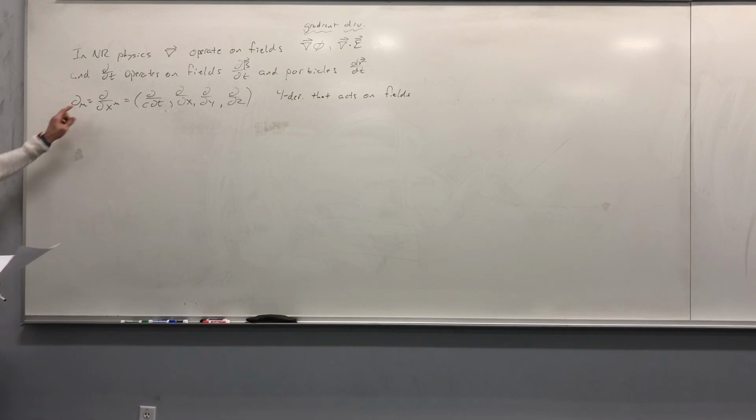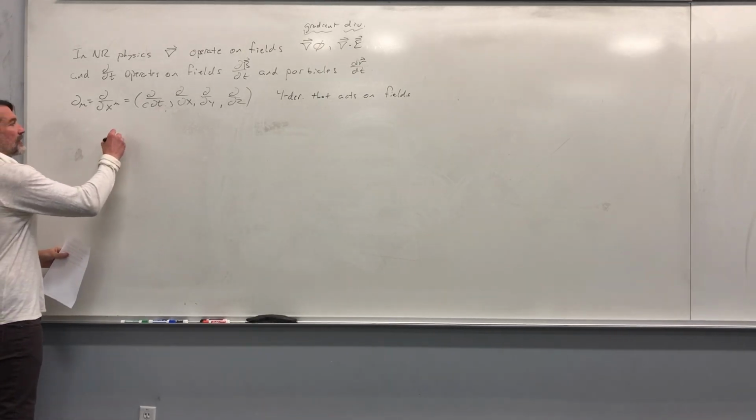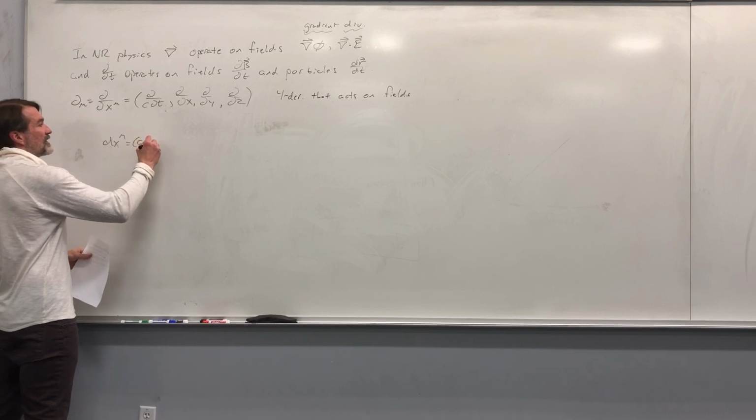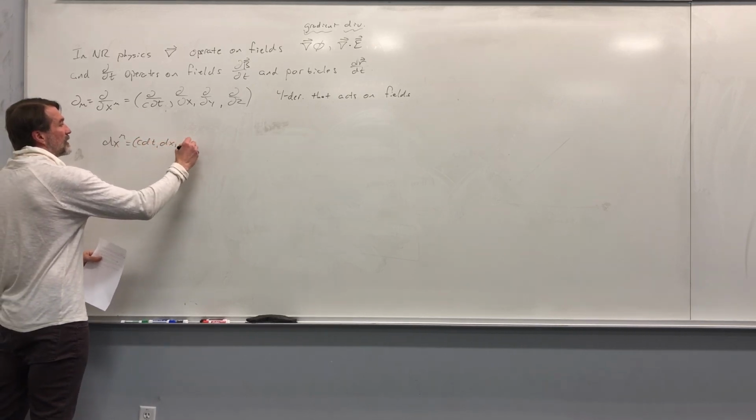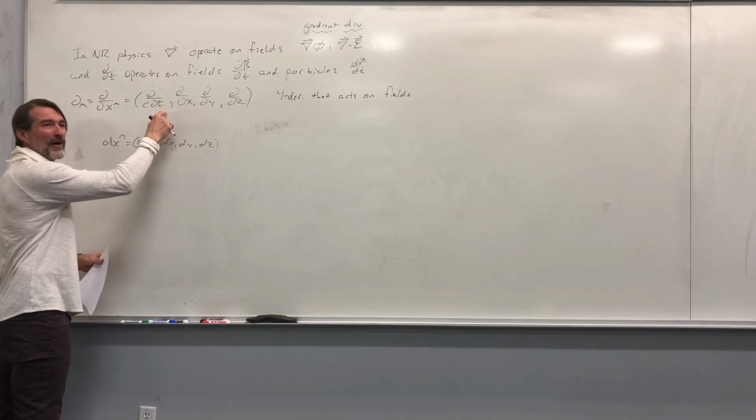Hang on. I gave this a lower index. Would you call this a vector? Or a vector operator? It is an operator, but is it a vector operator? It's a dual vector operator, because the index is lower. But if you think about it, remember this vector was made out of c dt, dx, dy, dz. Well, the c dt, dx, dy, dz are all in the bottoms here.